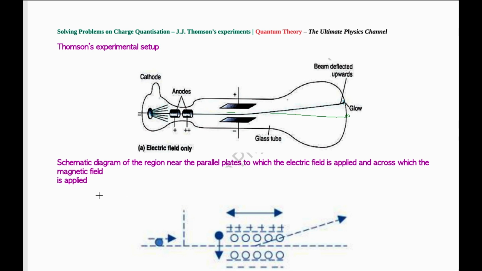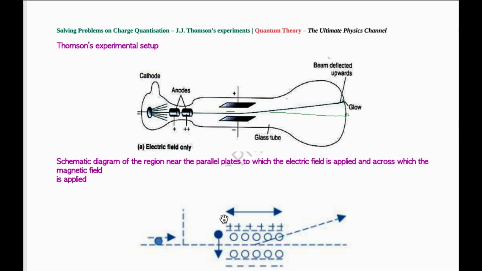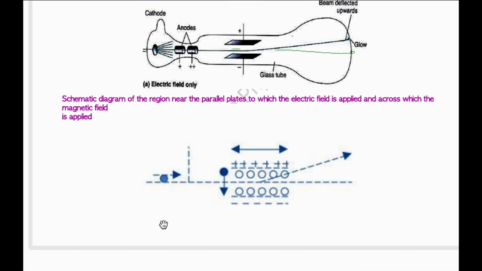Now what is happening here is schematically presented as well. We can see an electron, for example, moving along, let's say, the positive x-axis, and let's say this is the y-axis for our diagram, and then you can see this particular region, the region containing the electric field, and of course the magnetic field as well, is presented here.